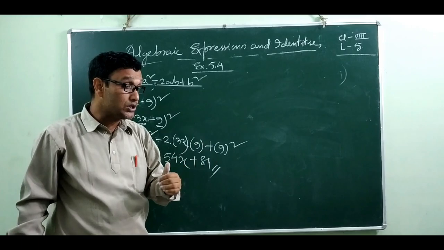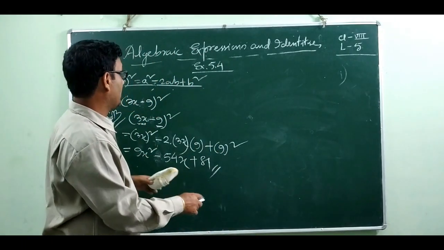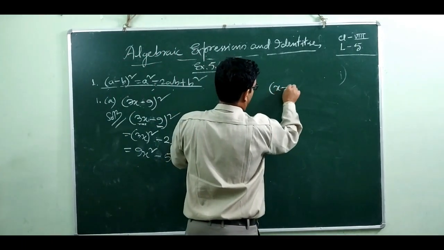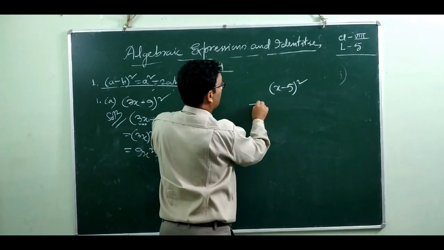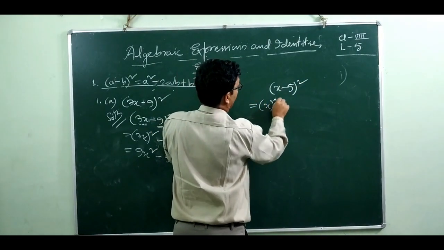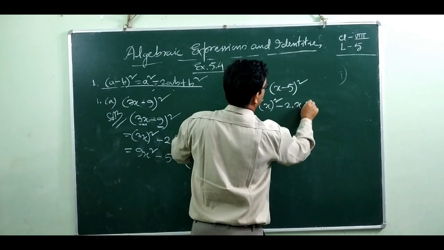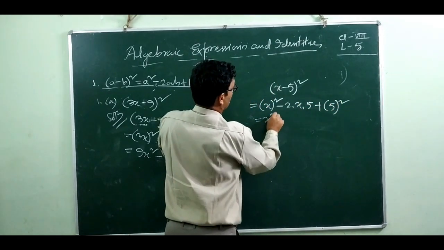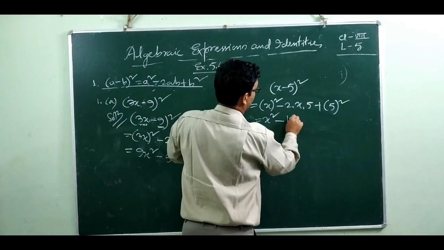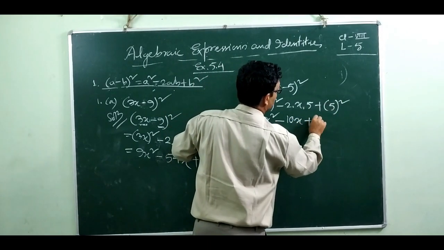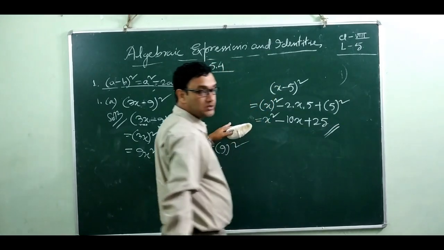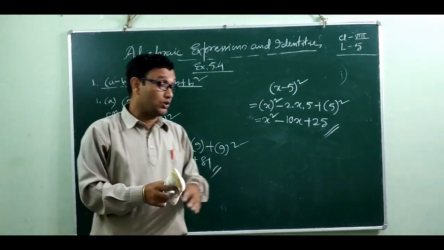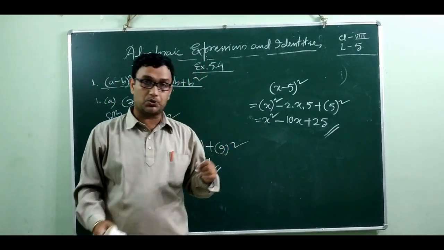So the remaining questions are given. Suppose the first question is given (x minus 5) whole thing square. So how to solve? x square minus 2 into x into 5 plus 5 square. That means x square minus 10x plus 5 square means 25. This is your answer. This is all about your question number 1 and question number 2.